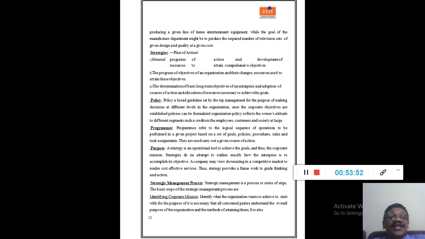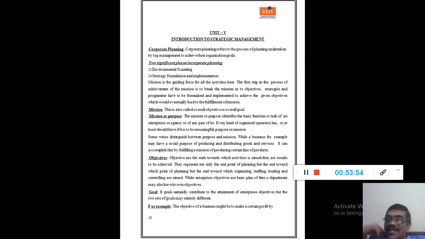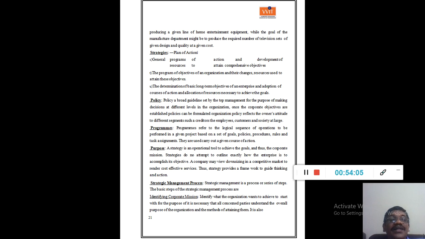In this introduction to strategic management, mission or purpose is the first step in the element in corporate planning. Then objectives, goals, and then you take the strategies. Strategies mean general programs of actions and development of resources to attain comprehensive objectives. Any organization has its own objective.